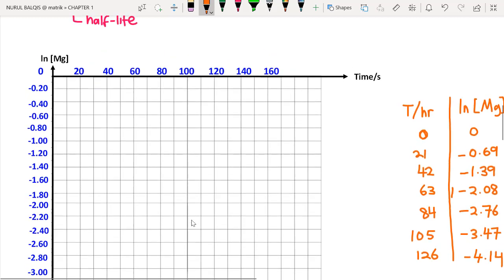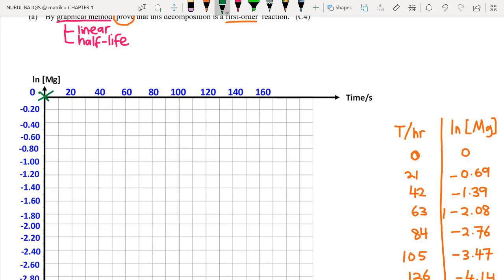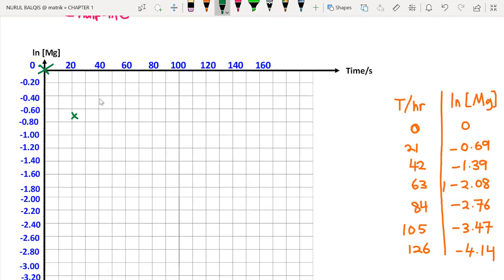So for 0 and 0, we have a point here. Followed by 21, negative 0.69. Negative 0.69 should be around here, and also 21, so the point would be around here. And then 42 with negative 1.39, 42 around here, with negative 1.39 around here, so maybe here.